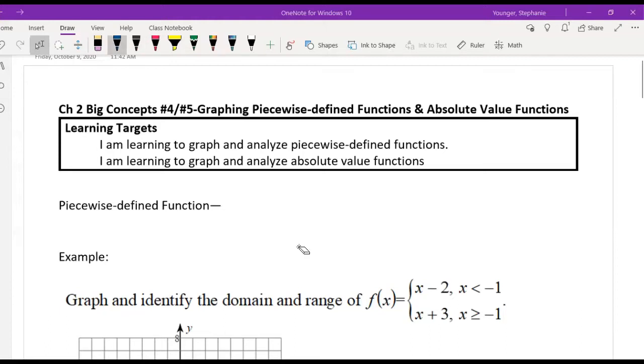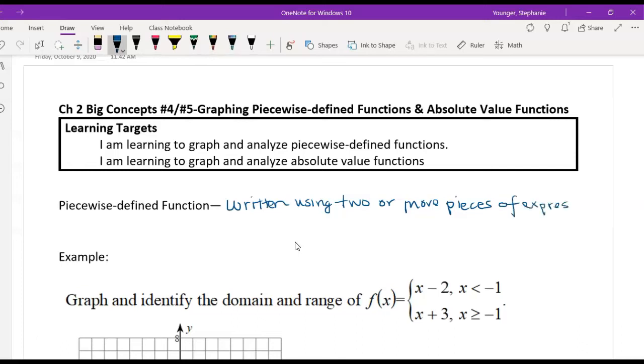So a piecewise defined function is written using two or more pieces of expressions. When graphing a piecewise defined function, you'll have solid dots and open dots.